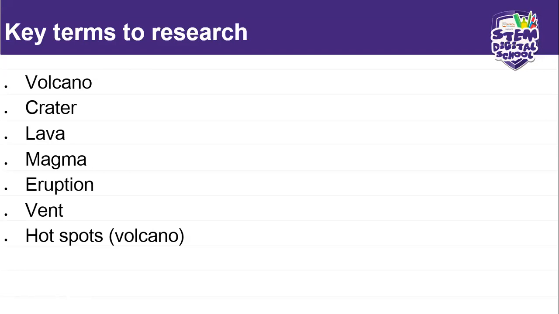I'm talking about the volcanic hotspots. So research on those. How many are they? 2, 4, 6, 7. 7 words. Try to research and find out their meanings.